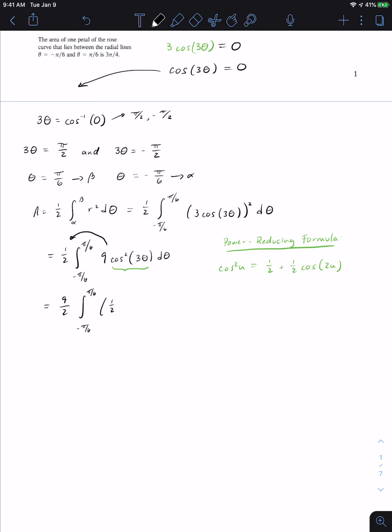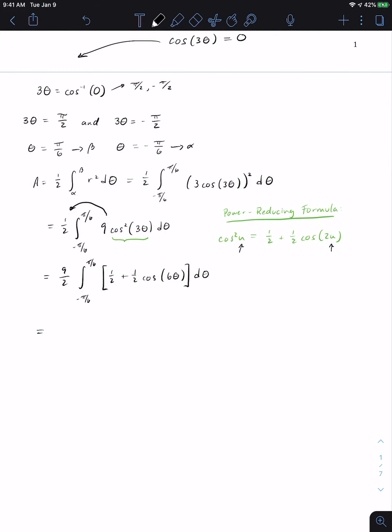But now I got to be careful of how I do my argument, right? It says take whatever was on the inside of the square function, and multiply it by 2. So this is 1/2 plus 1/2 cosine. Instead of 3 theta, it's going to be 6 theta, because I multiply it by 2, d theta.